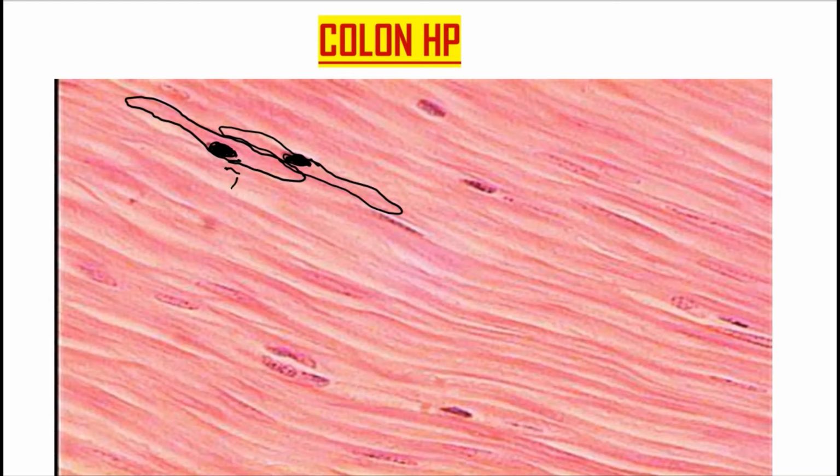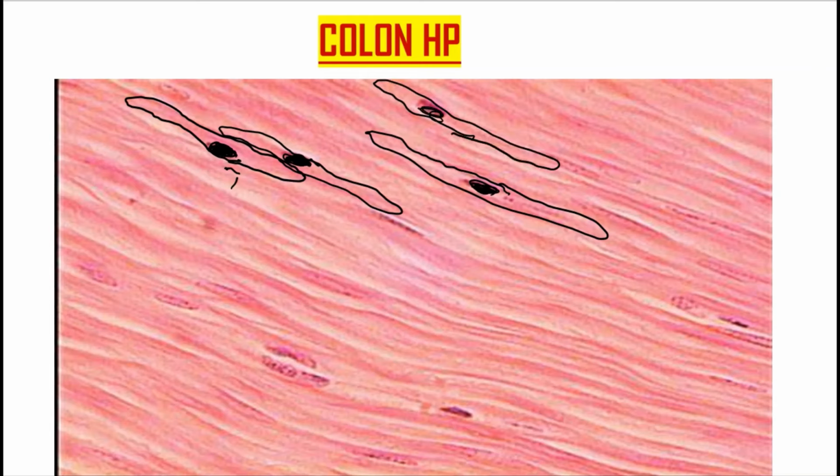How I'm drawing it here, that's how you draw it. There's another one here, and there's a nucleus here. So all of the smooth muscle fibers have got one nucleus. They're mononucleated.